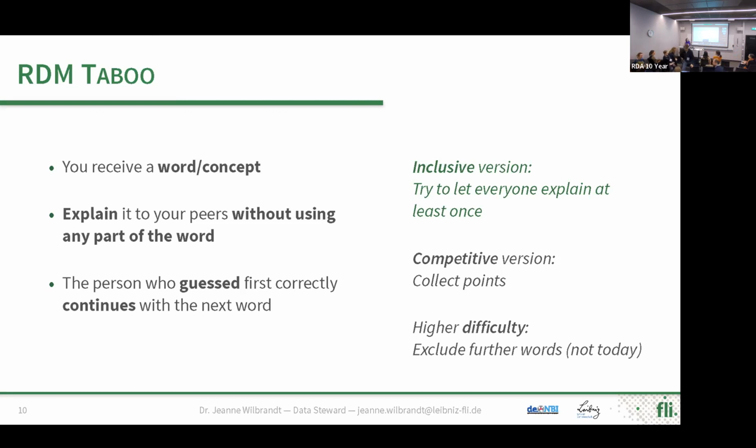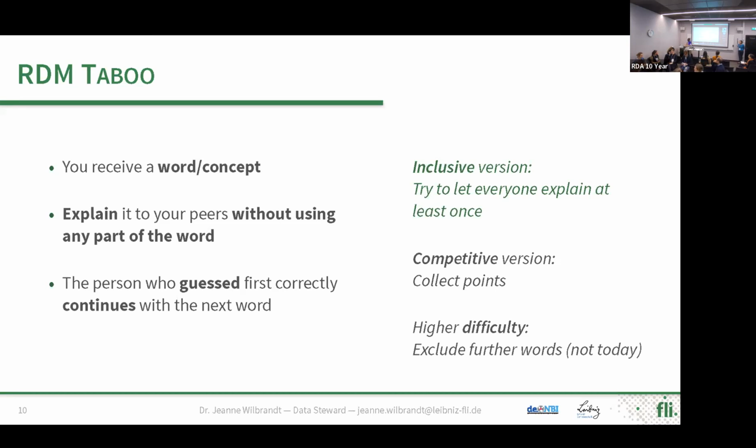You draw something from the envelope. That can be just a piece of paper with a term or one of the cards. If you draw a card, focus on the boldly printed aspect. And then explain the term or word to your peers without using any part of the term. So basic taboo rules. And the person who guessed first correctly continues with the next word.